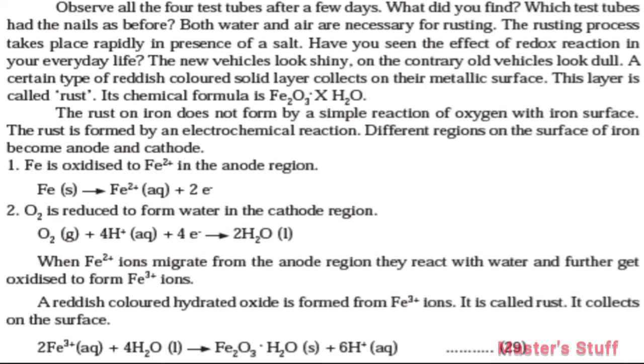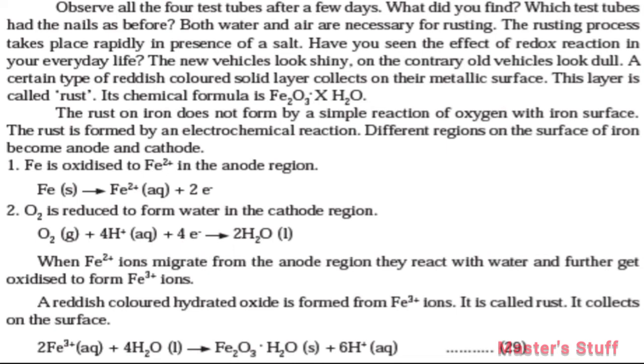We observe that a certain type of reddish colored solid layer collects on the metallic surface of nails. This layer is called rust. Its chemical formula is Fe2O3.xH2O.